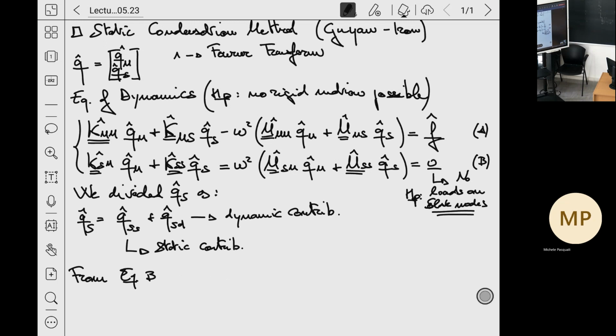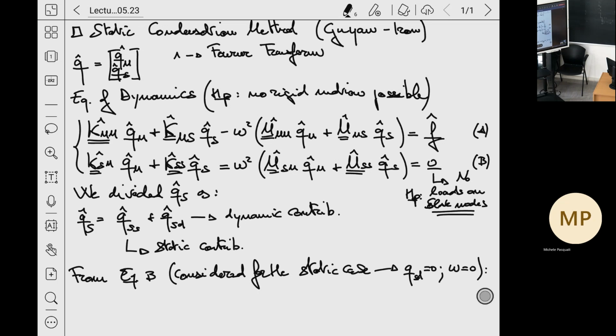for the static case, that's to say that Qsd is equal to 0 and omega is equal to 0, we had eventually Ksm Qm plus Kss Qss equal to 0.